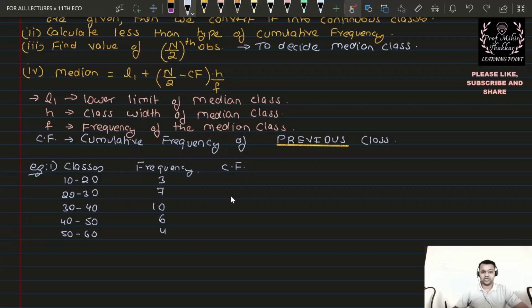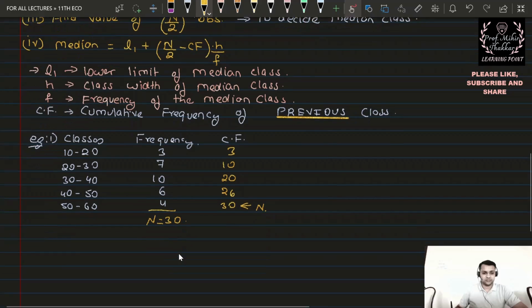So I will first of all calculate the CF value. CF represents the cumulative frequency column. So here it is 3, 3 plus 7, 10, 10 plus 10, that is 20, 20 and 6 is 26, 26 and 4 is 30. So as I told you, this is the capital N value. So total frequency is equal to 30.